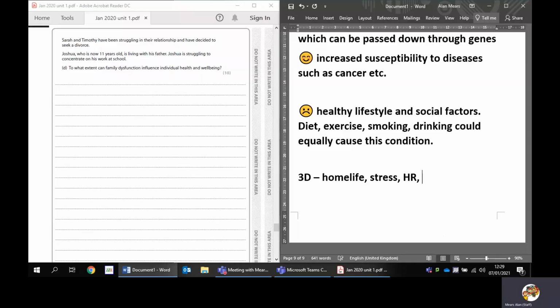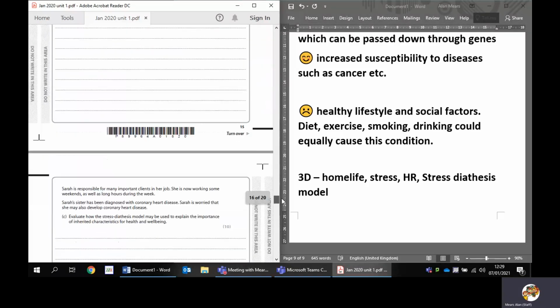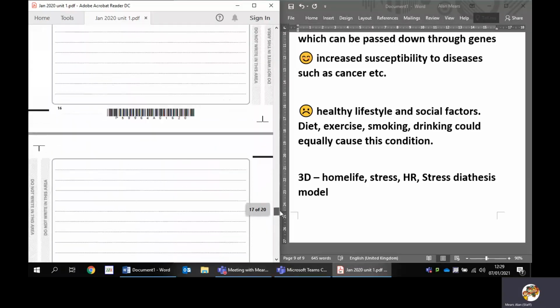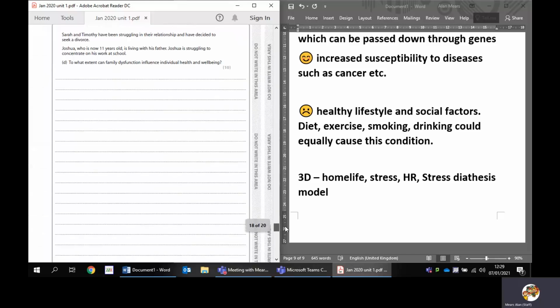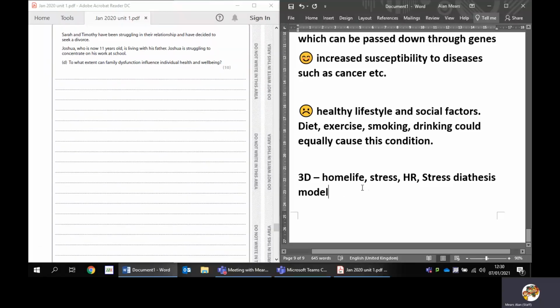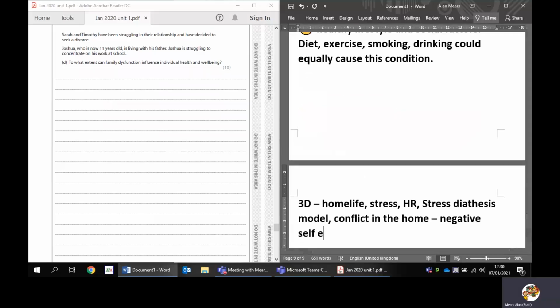We talked about the Holmes and Rahe stress diathesis model. Again, I'm pretty sure that was in the previous question. Just because it's on the previous question doesn't mean we can't use it for this question. We can talk about conflict in the home, negative self-esteem, self-worth, self-concept.